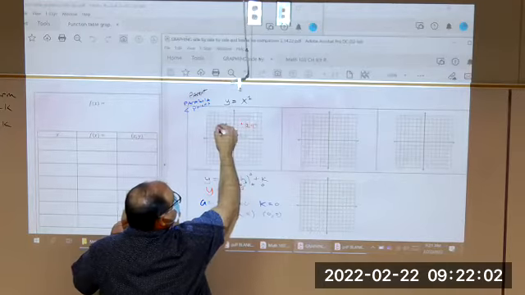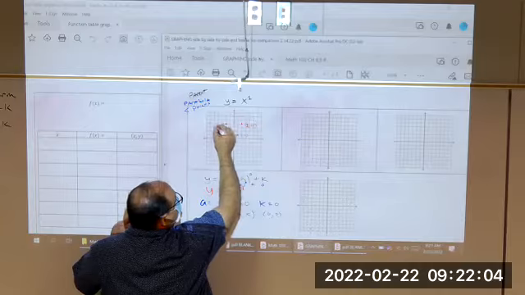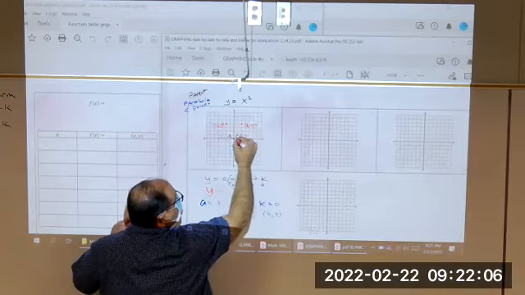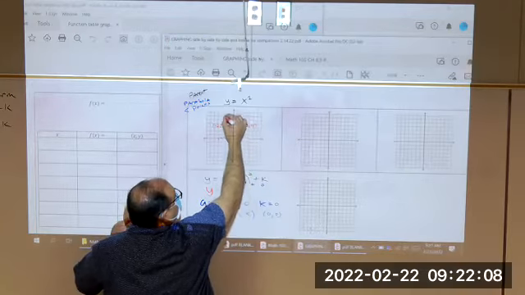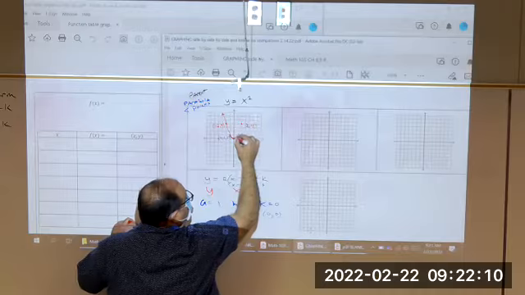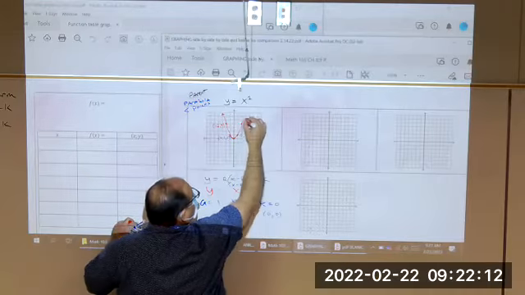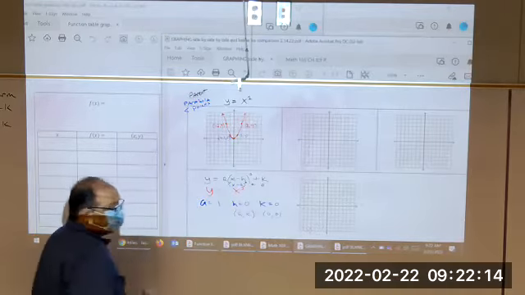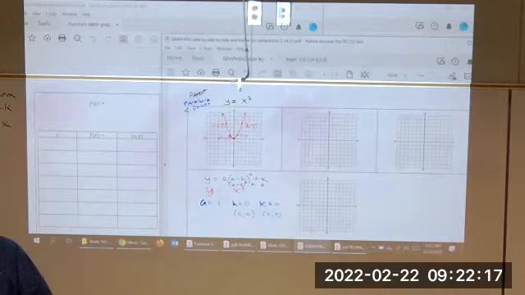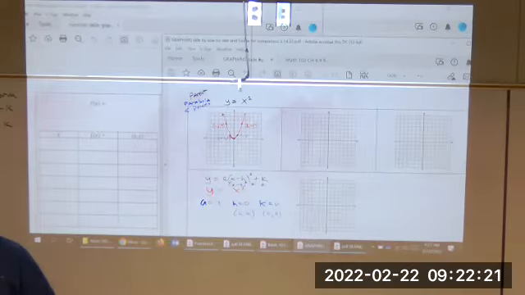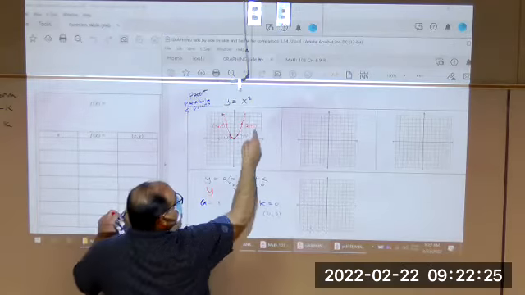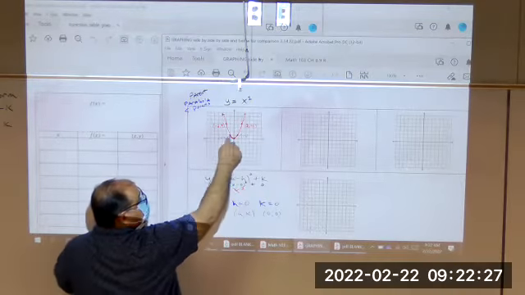Negative 2 is going to give us positive 4. So now you have an actual point to aim for, and that will establish a better parabola. I only plug in 2 numbers, 1 to the right, 1 more to the right, and use symmetry on the other side.